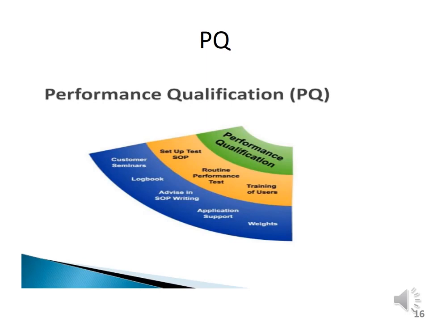Application support, application of the system, application of the instrument, whatsoever the support is required, that detail is given, and the weights you are using. If these are the secondary requirements on the machine for performance, weights are one of them, right?